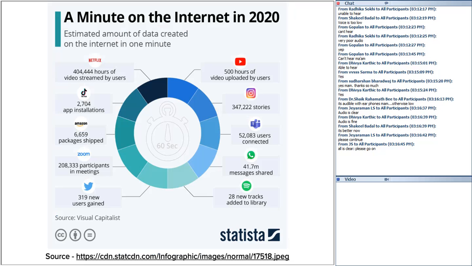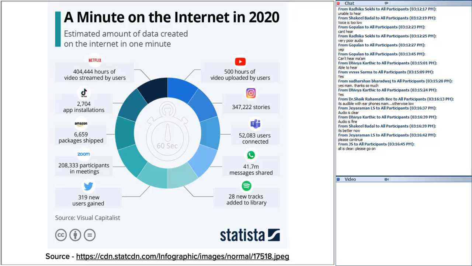And then what happens on the internet every minute? To put a few major stakeholders here, if you talk about Netflix, more than 400,000 hours of video are streamed by users every minute. And if you talk about Zoom, more than 200,000 participants are in meetings.